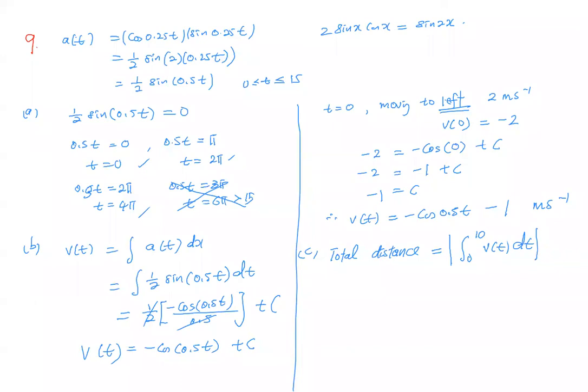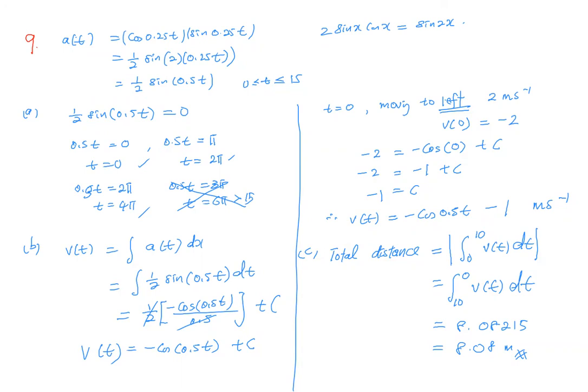Or if you don't want, you straight away key into your calculator. Then you get the answer as 8.08215. So you will get 8.08 meter. Hello, are you clear? So that is question 9.